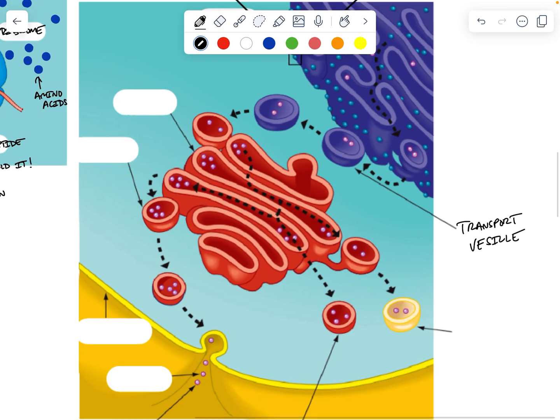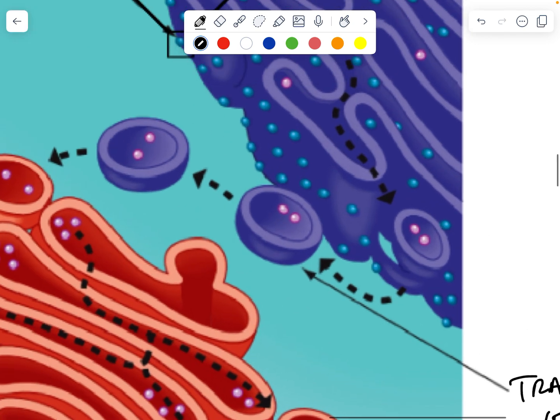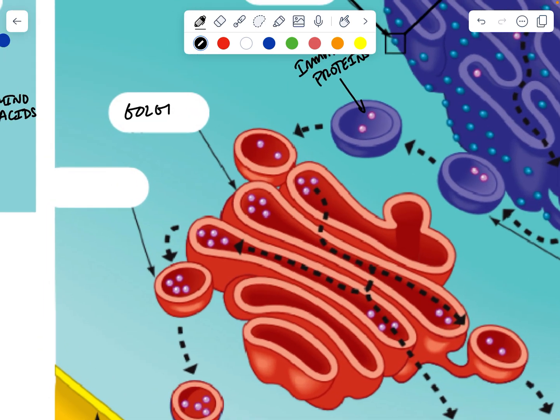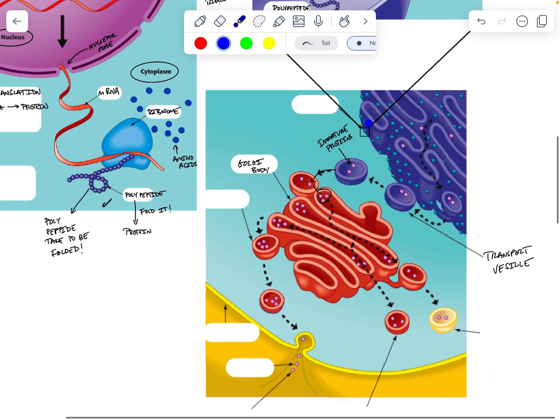So the transport vesicle is going to take the proteins, which are currently immature, to the Golgi body. This vesicle is going to fuse with the Golgi body and dump its contents inside the Golgi. So now the proteins that were in the rough ER are now in the Golgi.